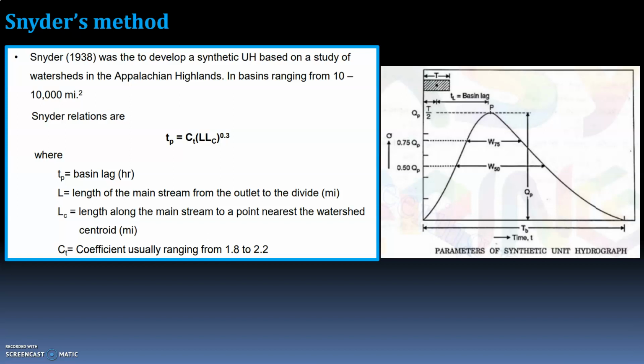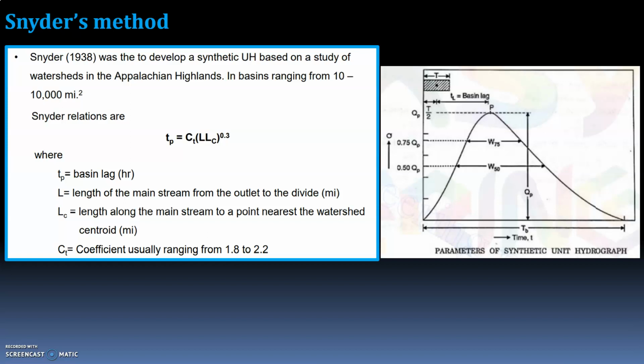The equations given by him take into account catchment area, shape of the basin, topography, channel slopes, stream density, and channel storage. He eliminated all these parameters except the first two by including them in a single coefficient CT.